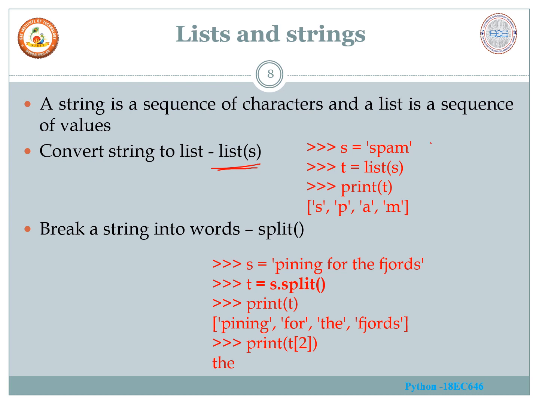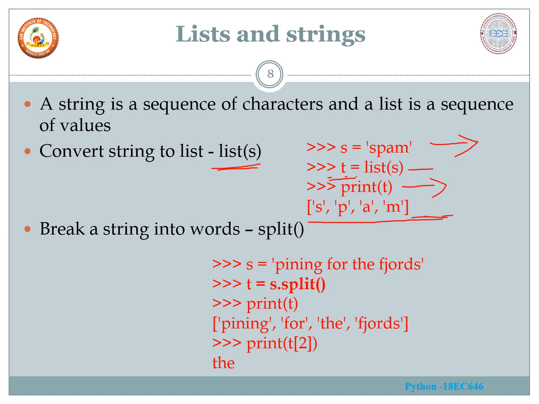s is a variable which is assigned with a string spam. If I want to convert the string into a list of characters, then I can make use of this function list of s, then assign it to a variable t. When you print this variable, the result displayed would be the list of characters, because list is the name of a built-in function.